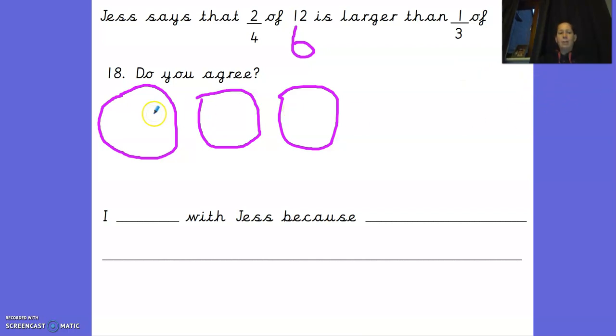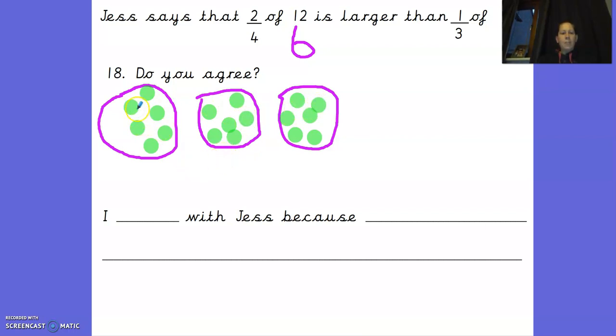So we're now saying that Jess says that 2/4 of 12 is larger than 1/3 of 18. So here's my 3 circles because we're sharing it into thirds, so we need to share it into 3s. Now I'm going to share my 18. 1, 2, 3, 4, 5, 6, 7, 8, 9, 10, 11, 12, 13, 14, 15, 16, 17, 18.